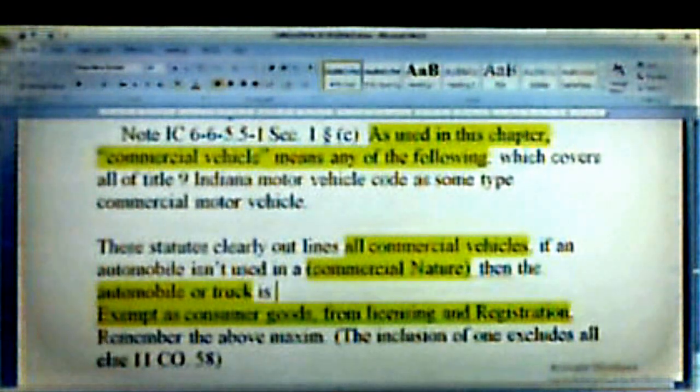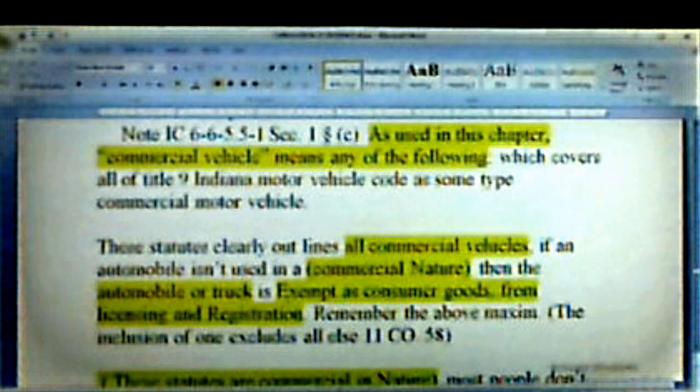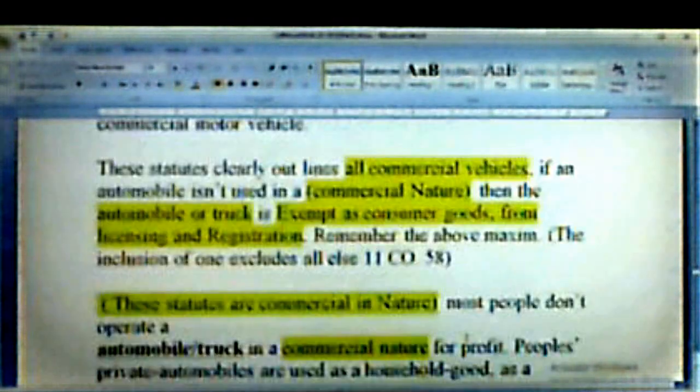If an automobile isn't used in a commercial nature, then the automobile or truck, as long as it's under 10,000 pounds, remember, there's a weight limit as well, is exempt as consumer goods from licensing and registration. Remember the above maxim. The inclusion of one excludes all else. 11 CO 58, right?